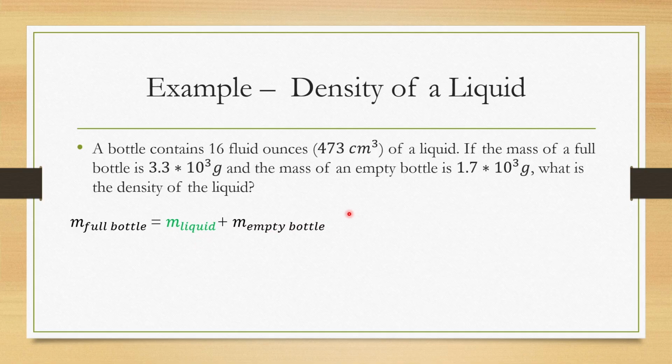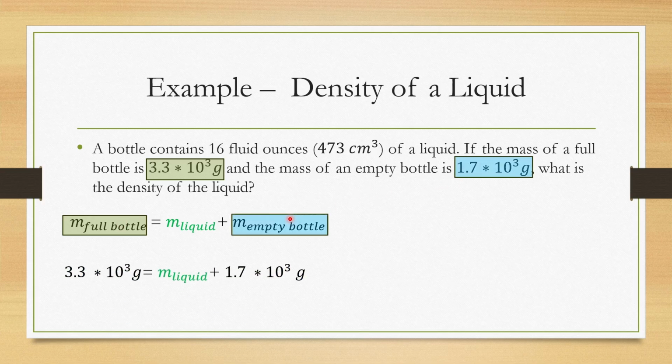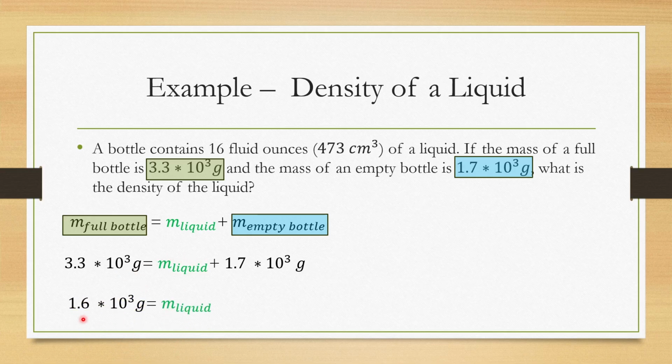Let's fill in what is given first. We're given the mass of the full bottle, which we'll plug in here, and the mass of an empty bottle, which we'll plug in here. This gives us the mass of the liquid, which is equal to 1.6 times 10 to the 3 grams when we rearrange the equation. Then we will use this to substitute our variables into the density equation.